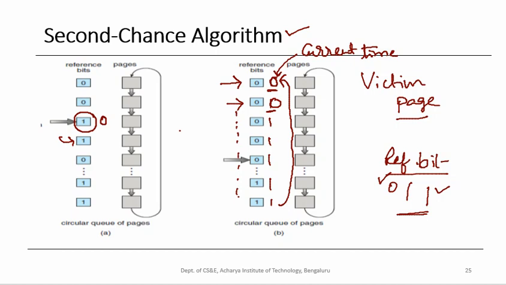And when we look for a victim page, we randomly start from some page and see whether the reference bit entry associated with that page is 0. In that case, we select that as the victim page. Otherwise, if it is 1, then we go to the next page and so on. That is the second chance algorithm.